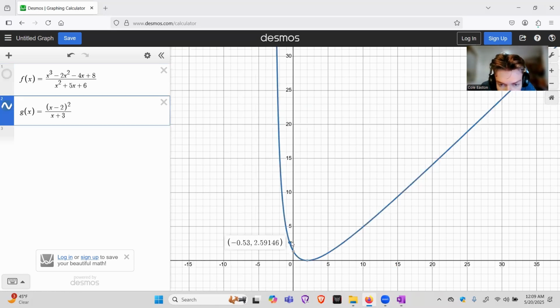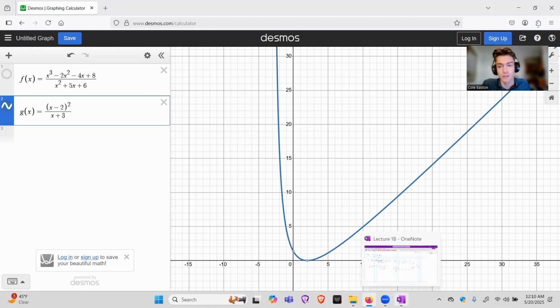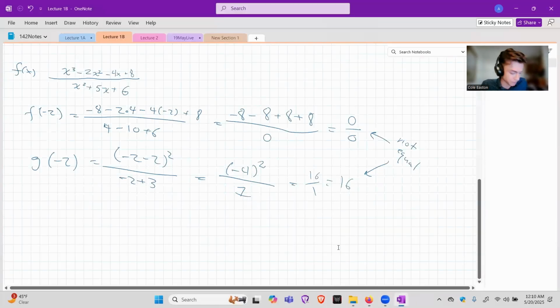Let's see if we can get it to exactly -2. It's a little bit hard to be that precise with the mouse, but okay. And notice that here we have this filled in circle and it says -2, comma, 16, right? So g of -2 is 16 and f of -2 is undefined, just like we saw in our computations.